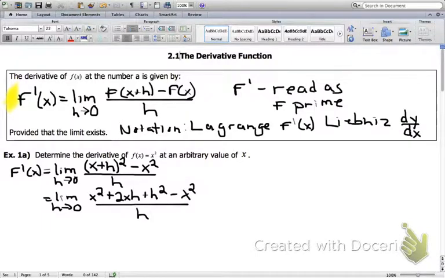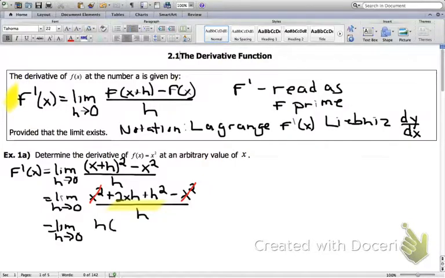Now what you can see here is that our x squared terms are going to cancel out, and what we will be left with is the limit as h approaches 0. Now you'll see here with our 2xh plus our h squared, we can factor out an h.